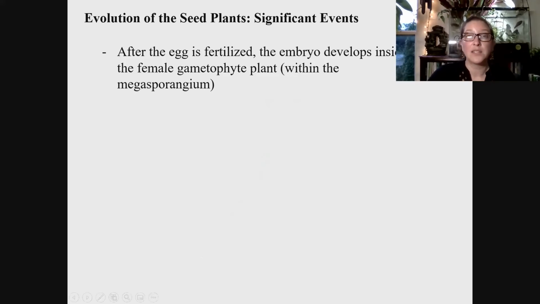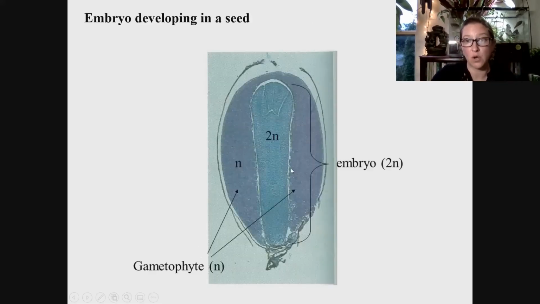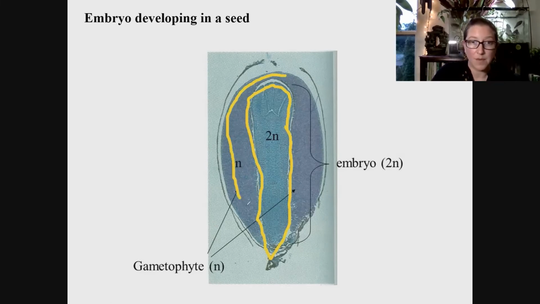After the egg is fertilized, the embryo is going to grow inside of that female gametophyte plant, inside of that megasporangium, and this is what we saw during that seed lecture, right? This whole thing in the middle is your new sporophyte plant, surrounded by the female gametophyte plant because that's where the egg was.